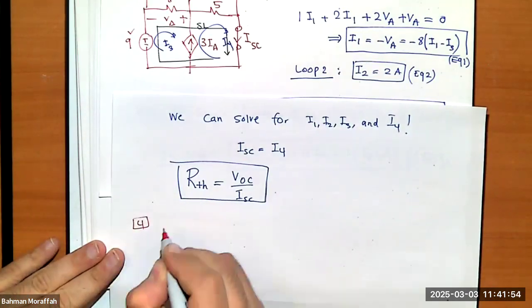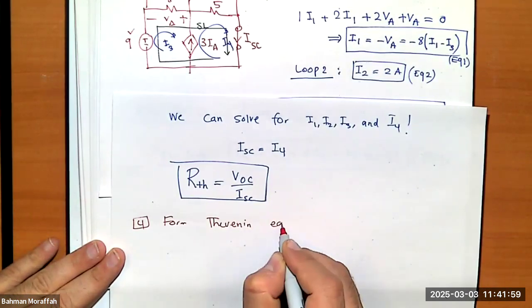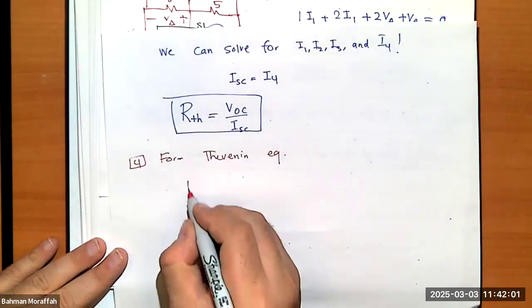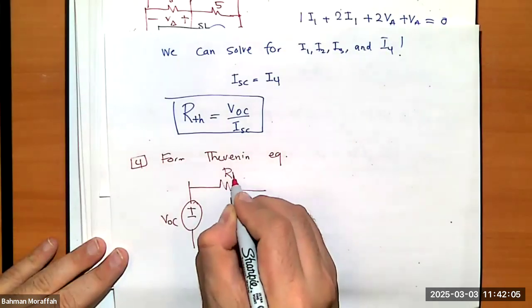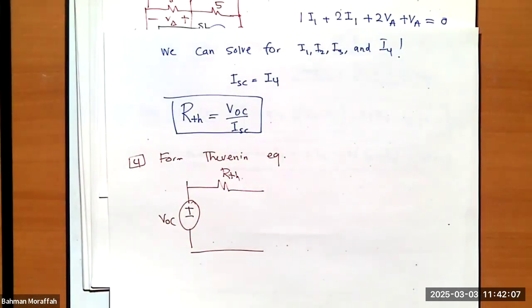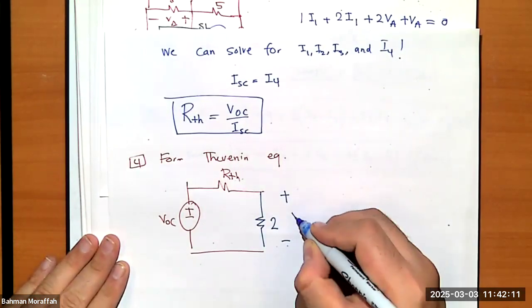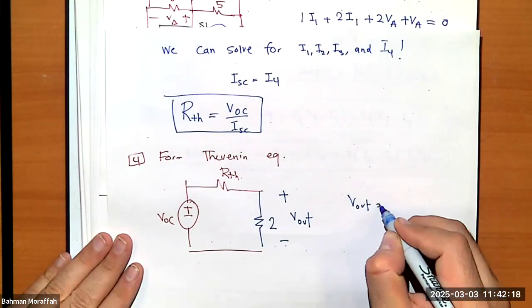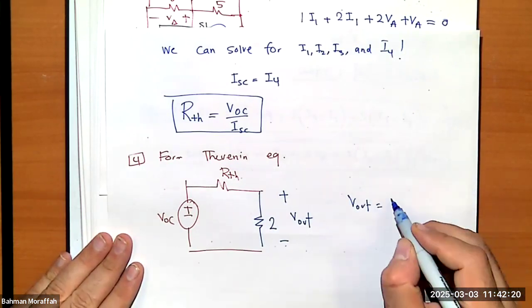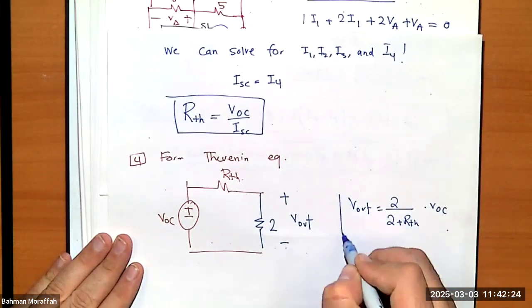So fourth step, form Thevenin equivalent. So what I have is the open circuit, we have our Thevenin, we're going to stick our load back in here, which is that 2. What I care about is this V out. What is V out? It's a voltage divider, right? So it's 2 divided by 2 plus R Thevenin times V open circuit.